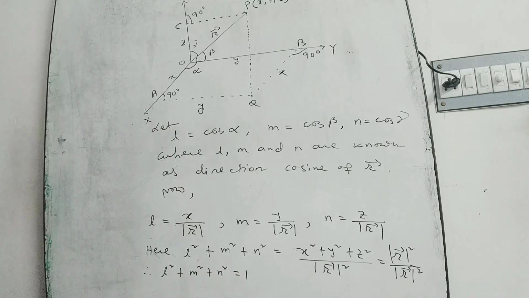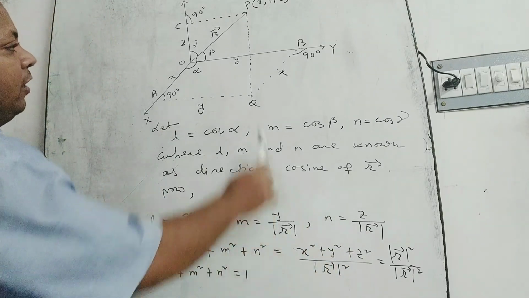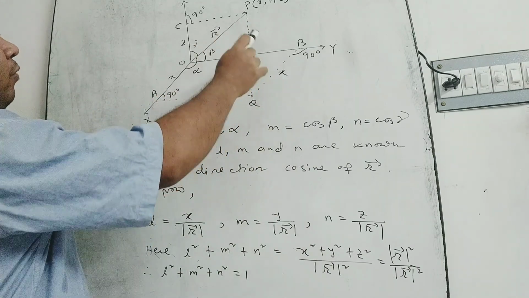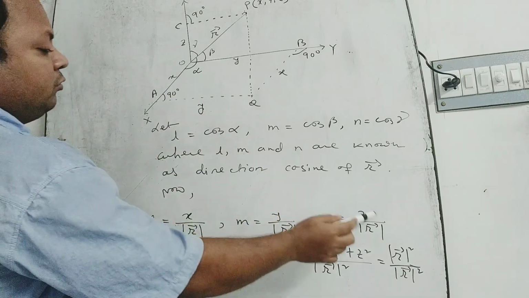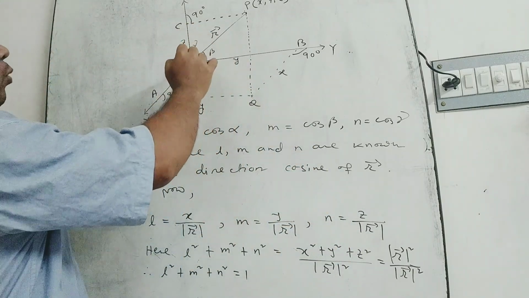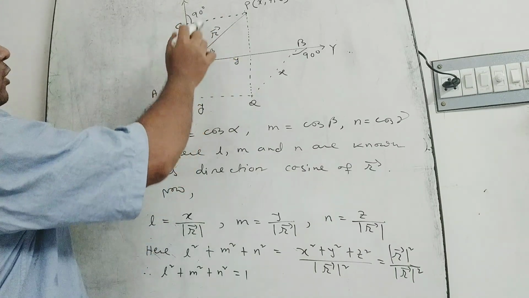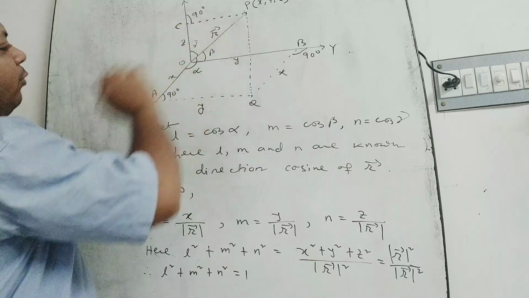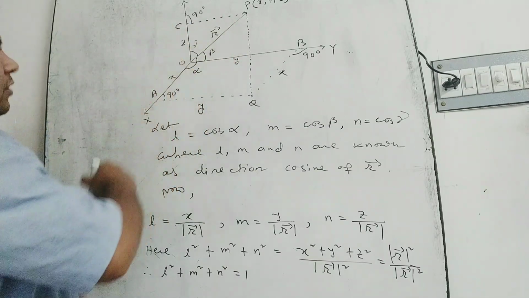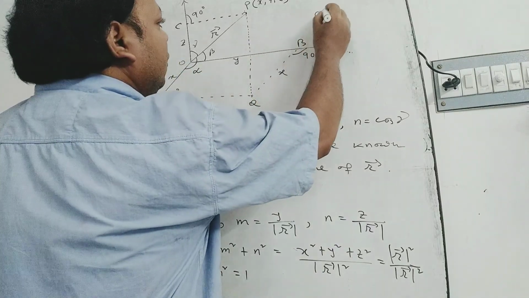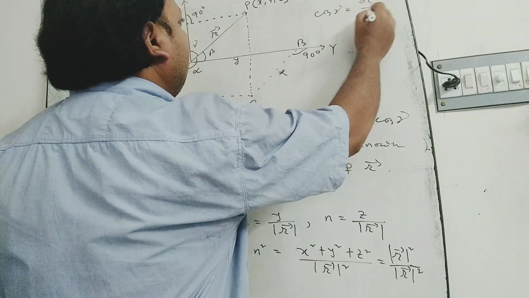We can show that M is equal to y by r easily from this triangle, and N is equal to z by mod of r from the triangle OPC. Here from triangle OPC, OP is the hypotenuse and OC is the base. That's why cos gamma is equal to base by hypotenuse, OC by OP.